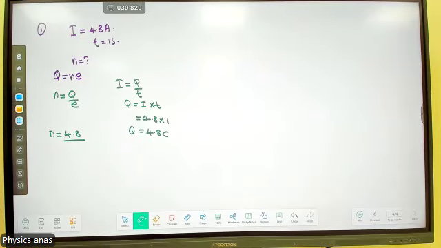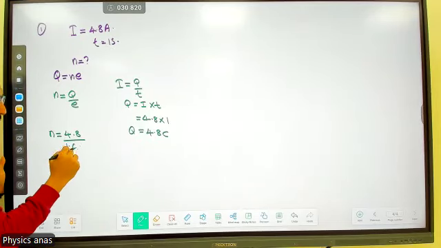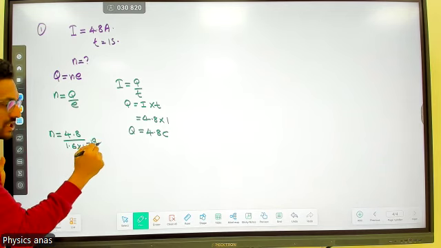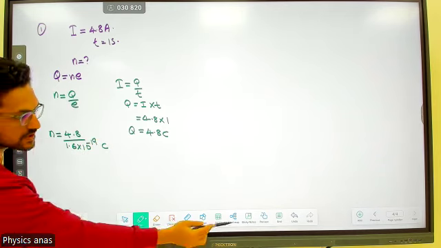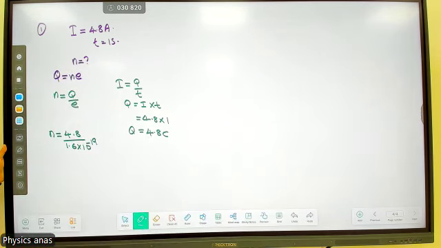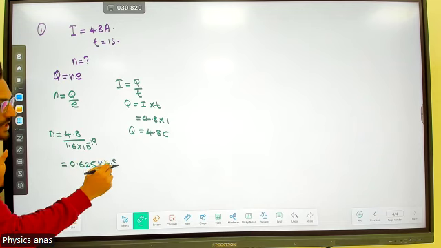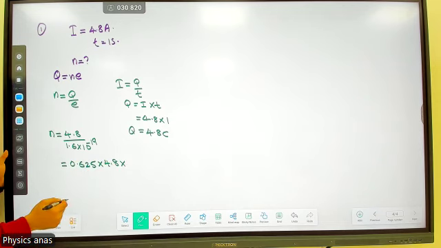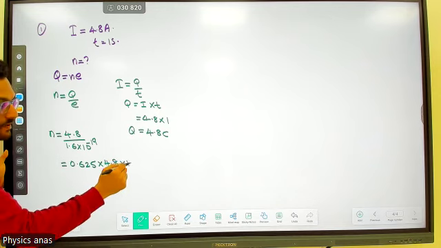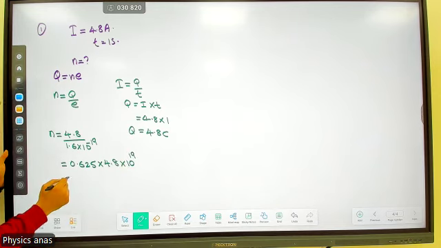What is E? 1.6 into 10 raised to minus 19. 1 by 1.6 is 0.625. So 0.625 into 4.8, and bring the 10 raised to minus 19 upwards, it becomes 10 raised to 19. So 4.8 into 0.625, are you getting 3?